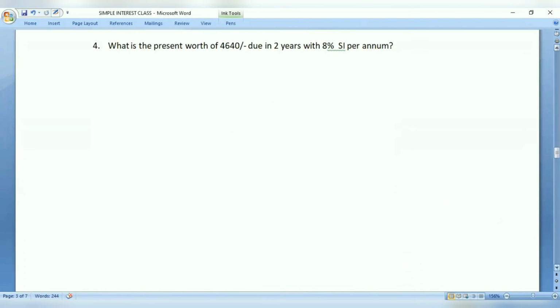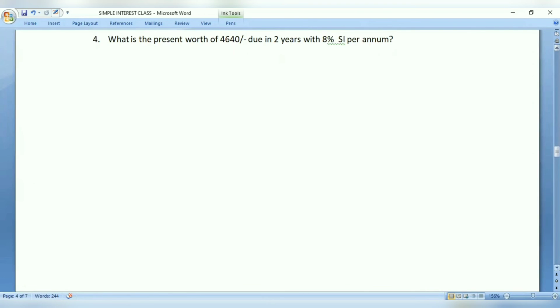Now see here, there is one more question. What is the present worth of 4,640 rupees due in 2 years with 8% simple interest per annum? So now, what is the point that we need to understand?